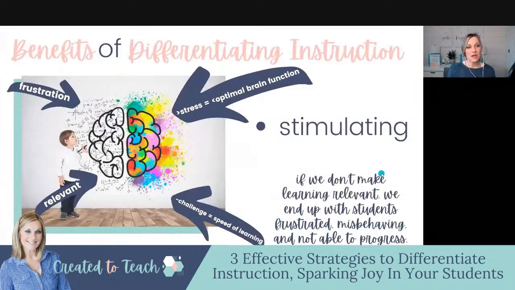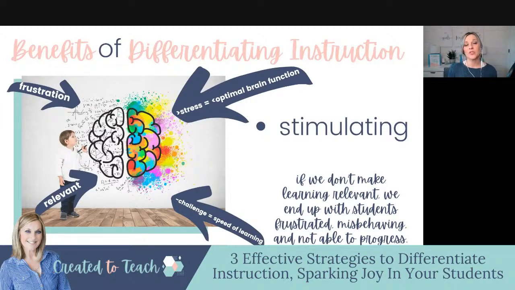So let's talk about the benefits of differentiating instruction. Okay, so as we continue talking about what it is, differentiating instruction avoids students' frustration. When we don't differentiate instruction and we put everybody in the same box and everyone is producing or going through a process, which we'll unpack in a second, but if it's the same, we create more stress.